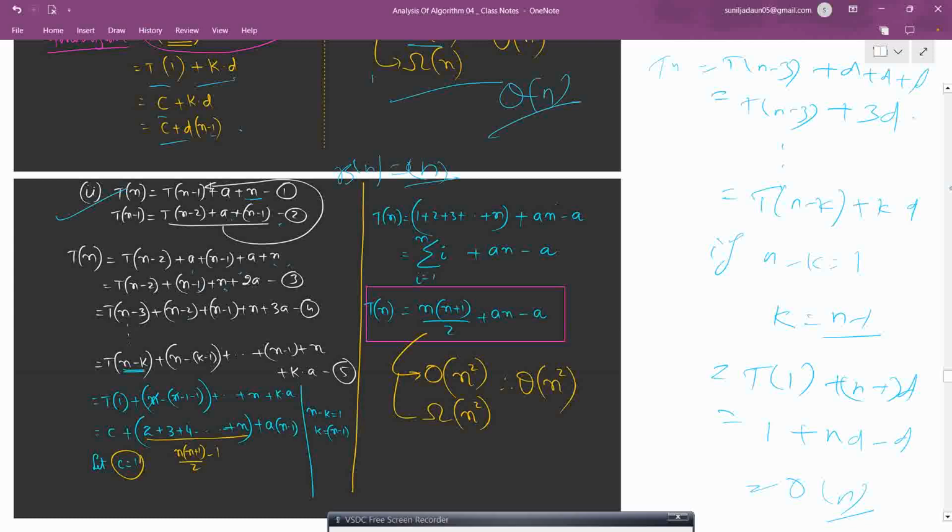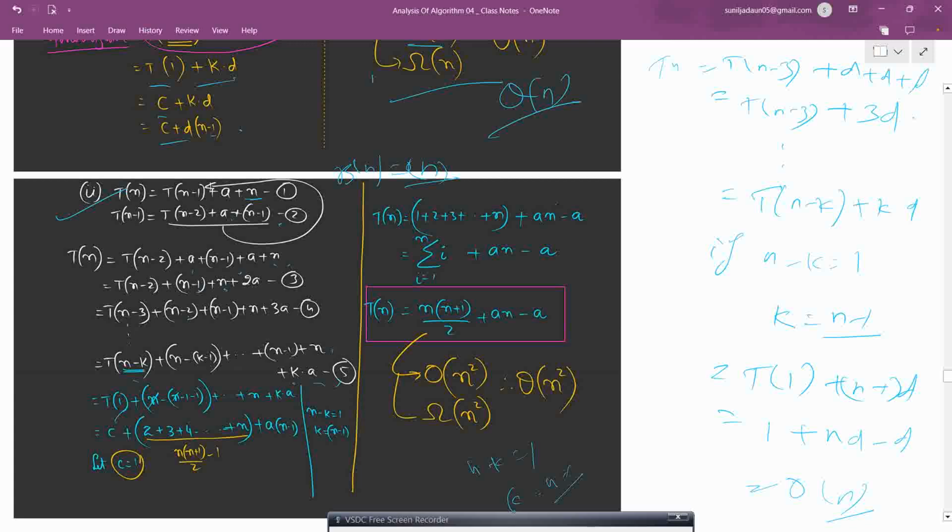We can write T(n minus k) plus T(n minus k minus 1), then T(1) plus n plus ka. So if n minus k is equal to 1, then k is equal to n minus 1.